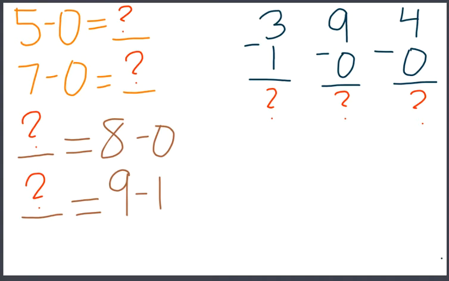I want you to solve the problems and think about how to find the answers. I want you to look at the different facts that are here. See if you can find patterns. Maybe you can find different rules for solving these types of facts.